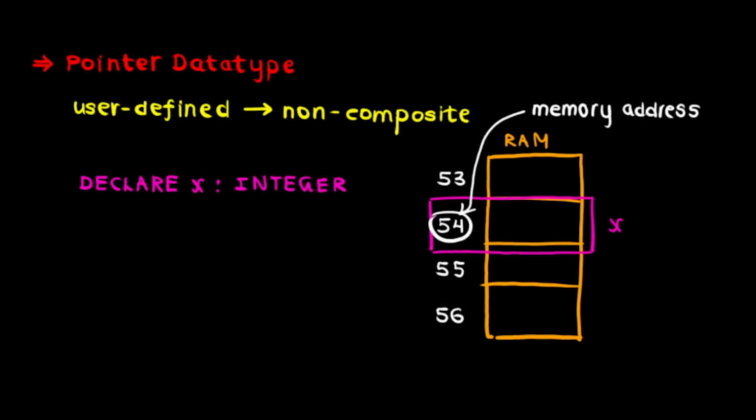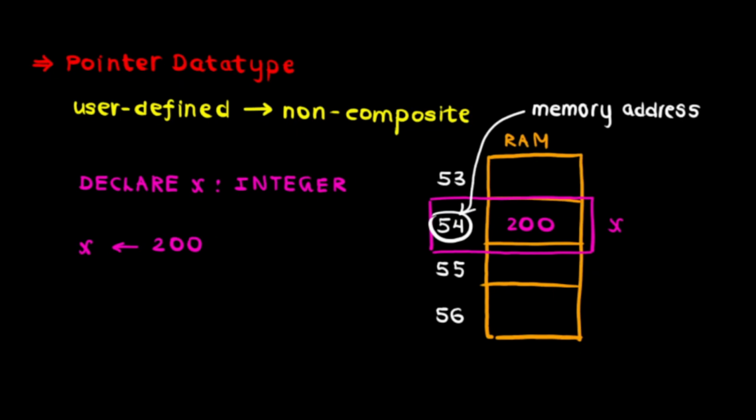Now, let's say I want to put the value 200 in this variable x. It's pretty simple, right? In pseudocode, what we do is we could say x arrow 200, and that way 200 would get stored at x, or specifically at memory location 54.